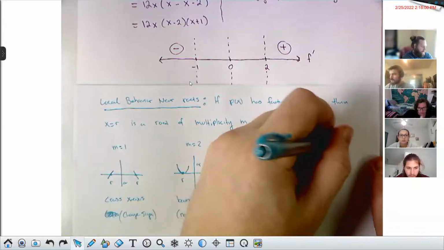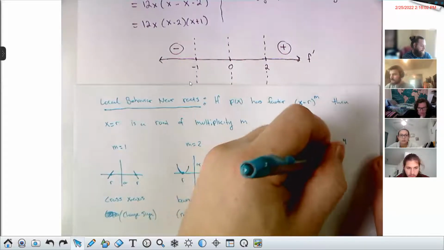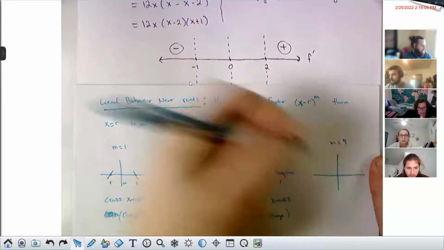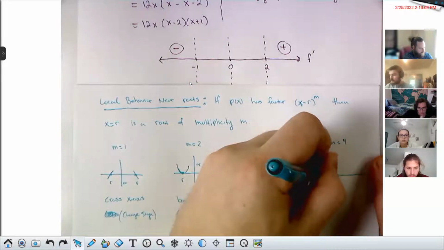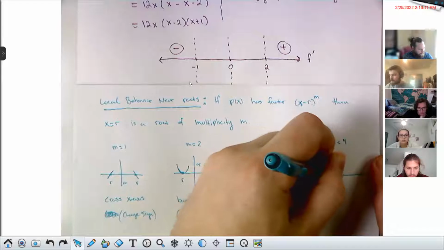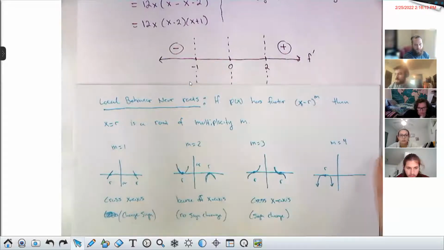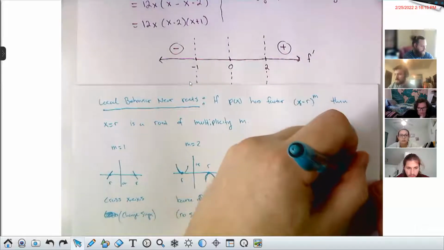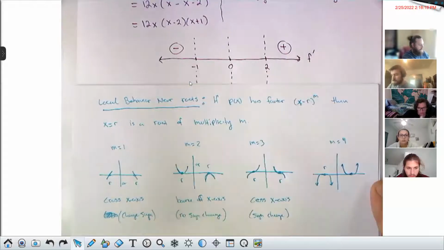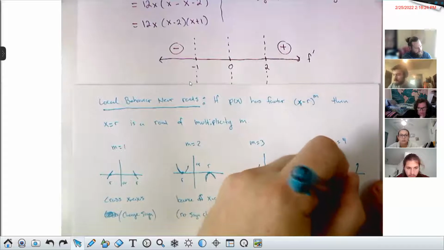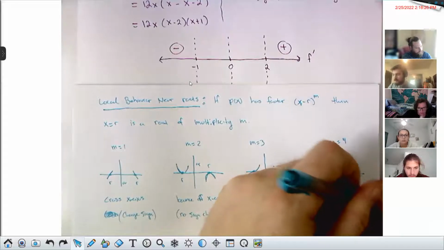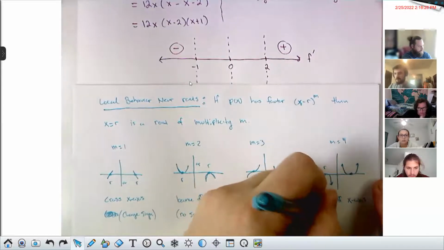And I'll do one more here, n equals 4. It will look like this, kind of like a flattened parabola, or like this. And again, we're going to bounce off the x-axis, so there's no sign change.